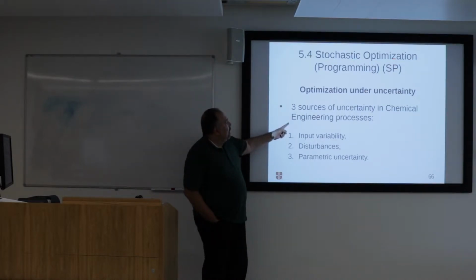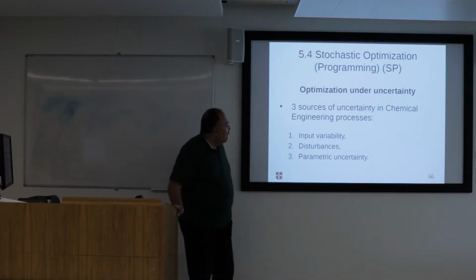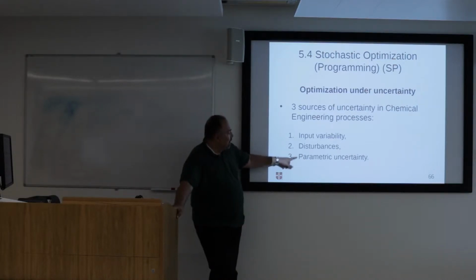In chemical engineering processes and models, we have, generally speaking, three types of uncertainty or sources of uncertainty. We may have input variability, we may have disturbances, and we may have parametric uncertainty, which is the bigger class, I think, of problems we have to deal with.